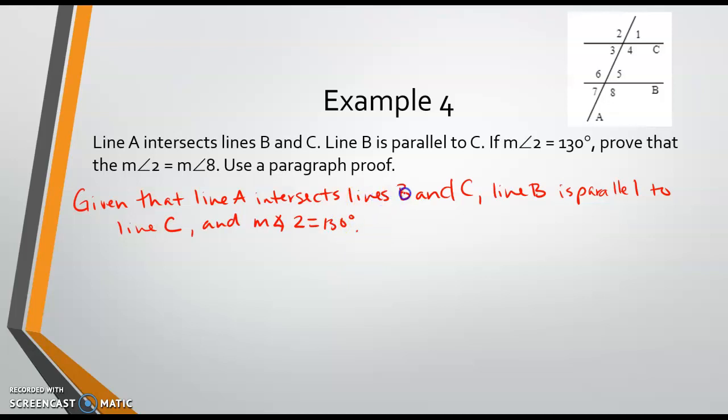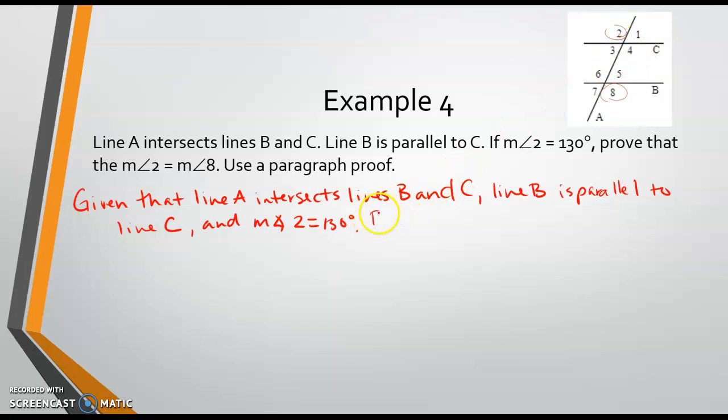So I am trying to prove that the measure of angle 2 is equal to the measure of angle 8. So I'm going to look at this and say, okay, what are things that I know? Well, I know that vertical angles, so those are the angles right across from each other, are congruent.